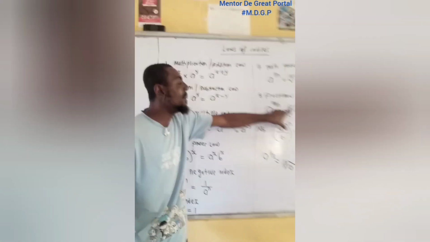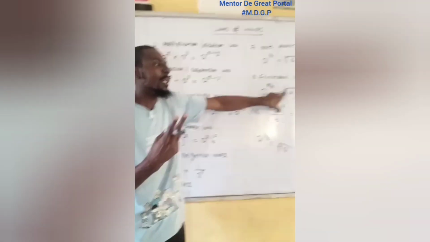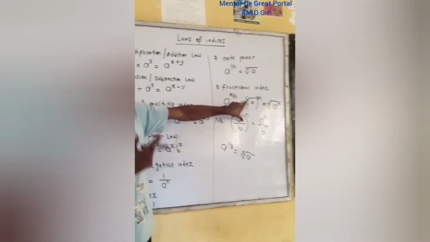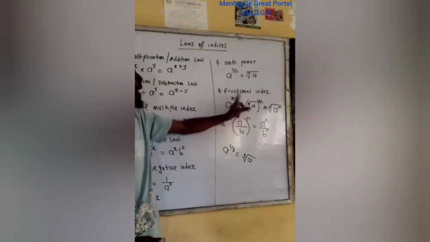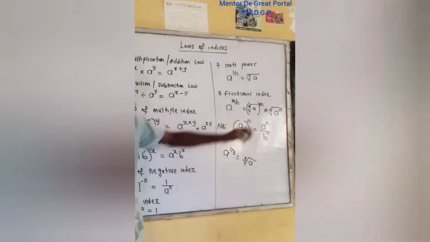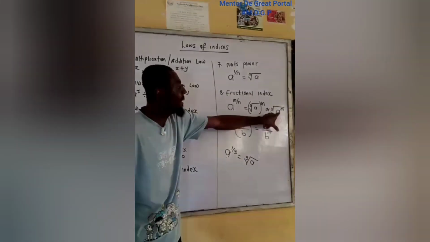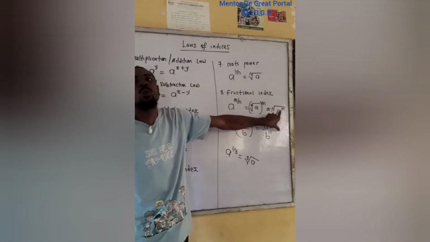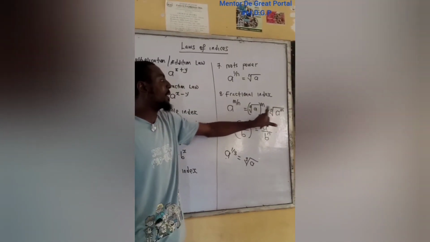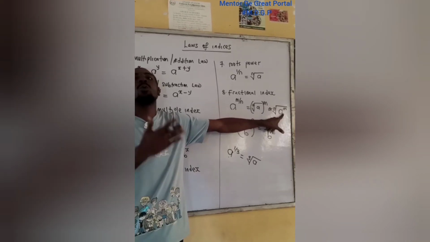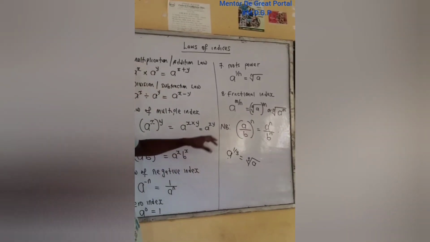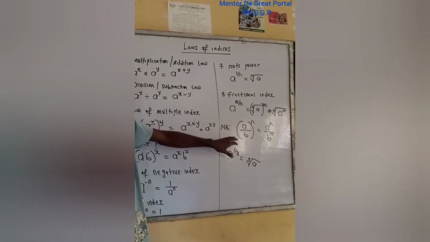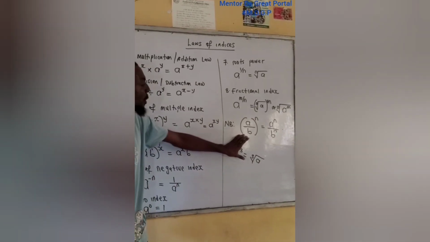The denominator determines the choice of the root. That's why n must go as the what? The root. Then n-th root of a, all raised to power m. Or the n-th root of a raised to m, the m will come as a power inside the same root. So these two laws are exactly the same thing and they will give you exactly the same answer, depending on the case.